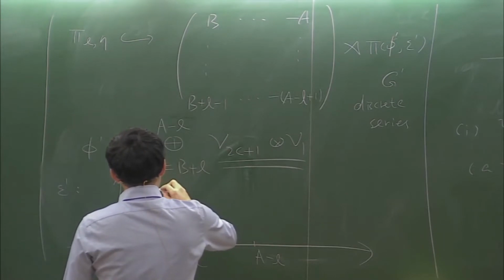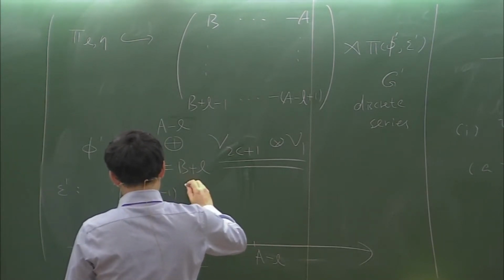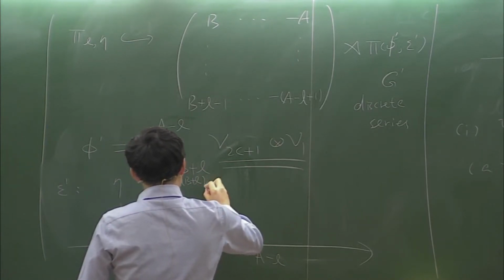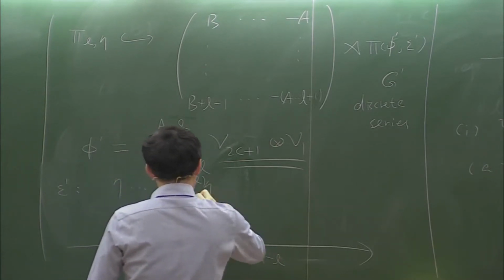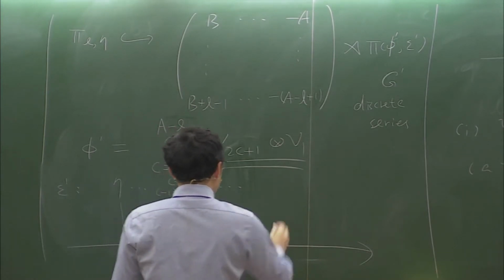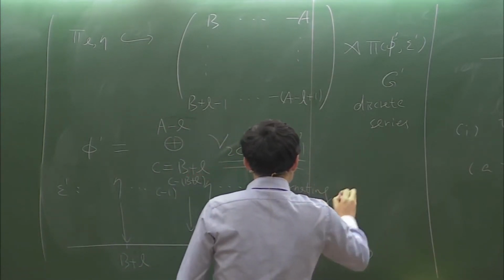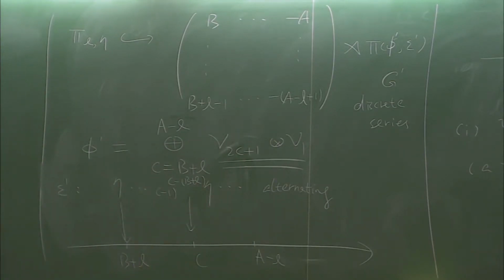So here it's going to be (-1)^(C minus B plus L). So that's this discrete series representation.